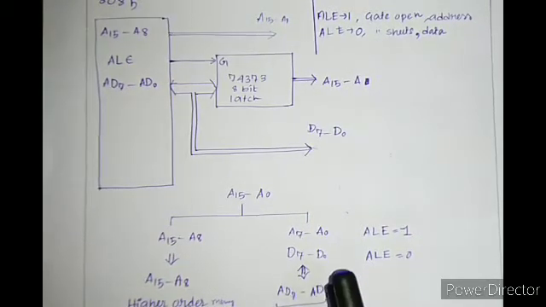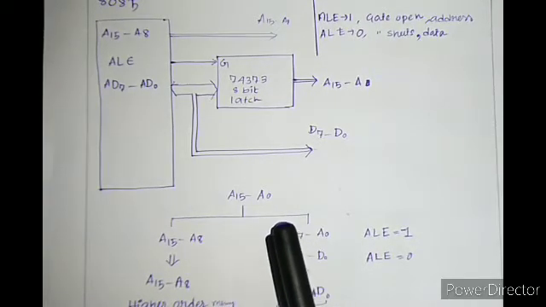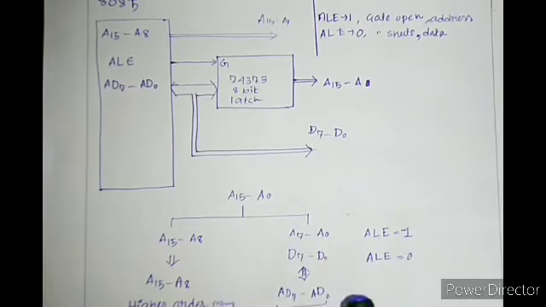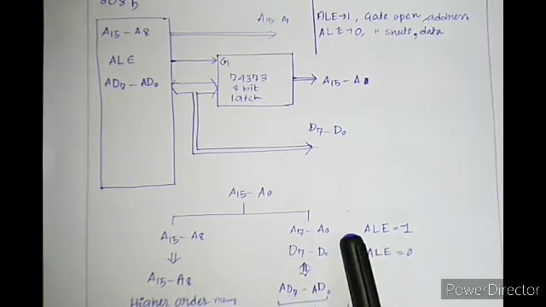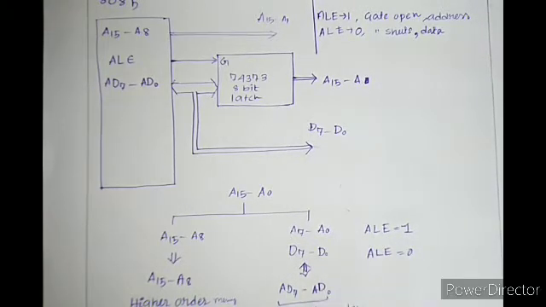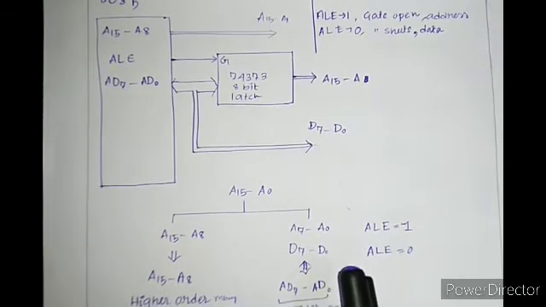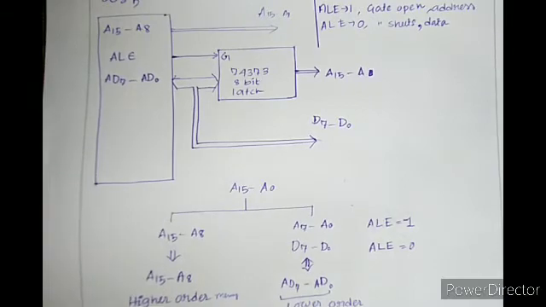Now, this A0 to A7 is also used as the data bus, D0 to D7. So the first 8 lines are AD0 to AD7. They can carry either address or data, but the higher order memory address lines are always carrying address.